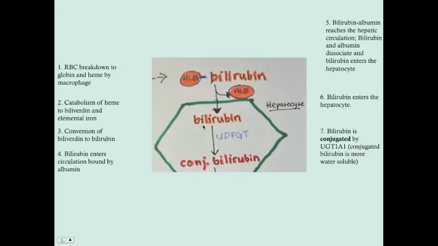This conjugates the bilirubin, so instead of just regular bilirubin, you have conjugated bilirubin. The conjugated bilirubin is more water soluble, and so this is what's going to go into the biliary tract and ultimately into the intestines.